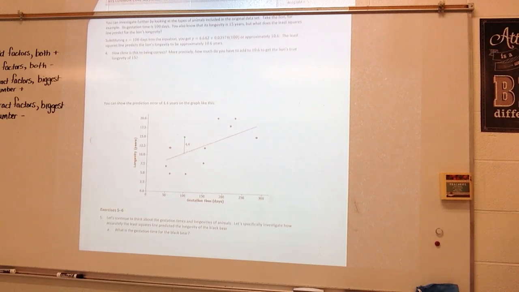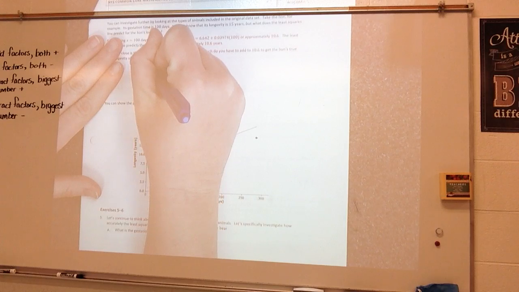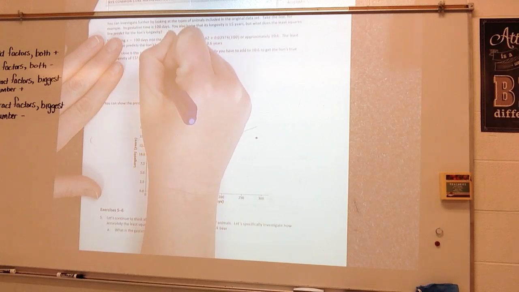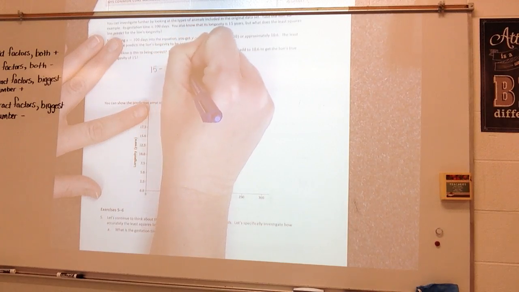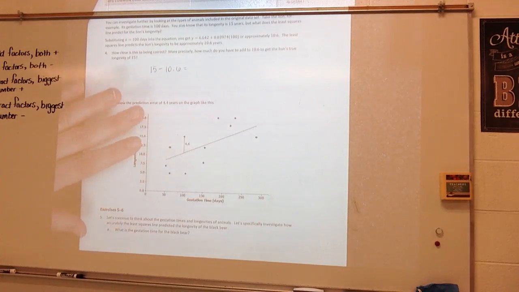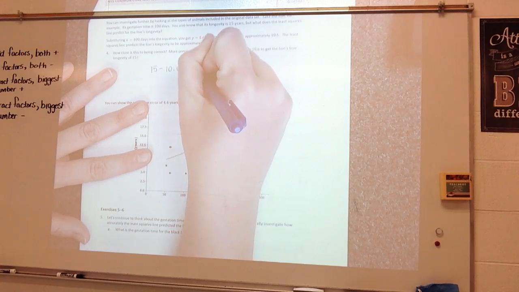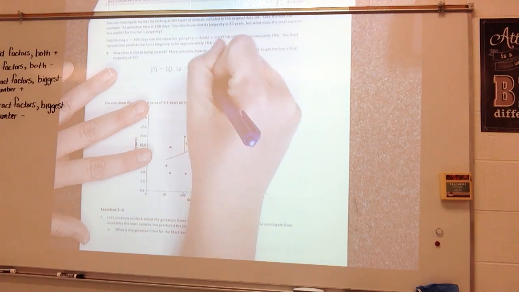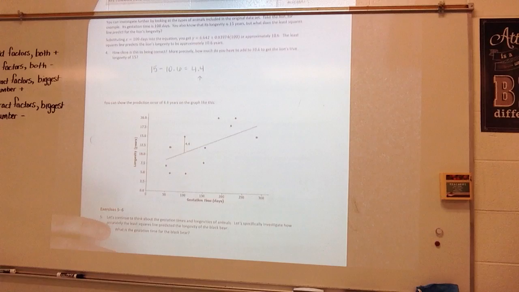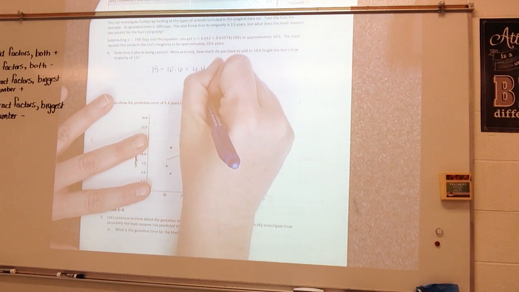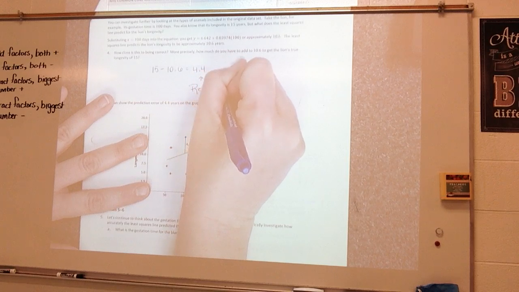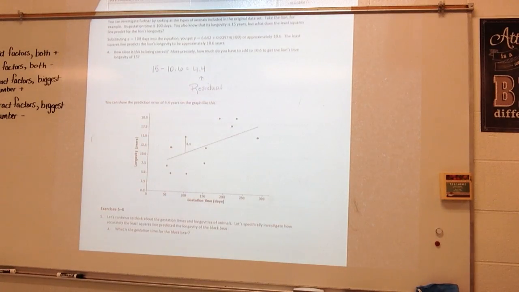So what would I do here? I would do the actual minus the predicted. And when I subtract that, I get 4 4/10. And do you remember what this is called? This is what we did in one of the last lessons. This is my residual.